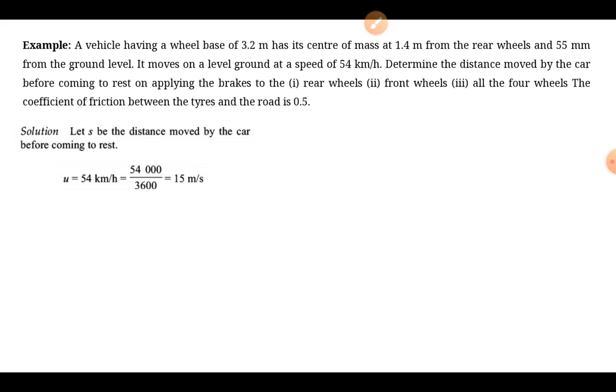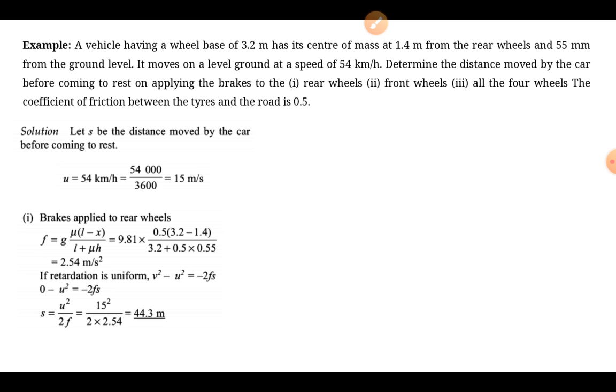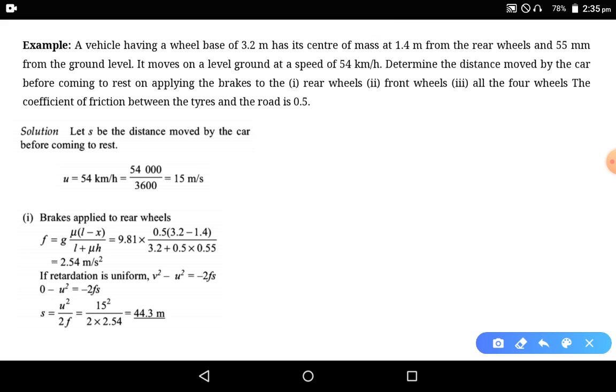So in the first case the value of retardation will be given by this formula: f is equal to mu (L minus x) divided by (L plus mu h), times g, right? Okay, so put all the values which are given. g is equal to 9.81.